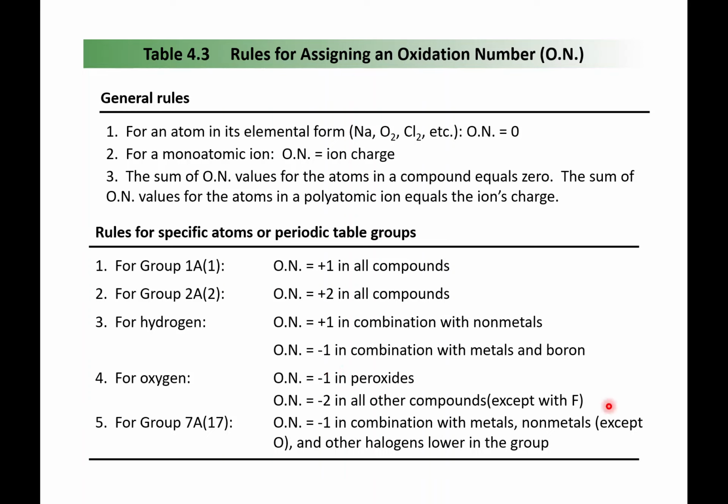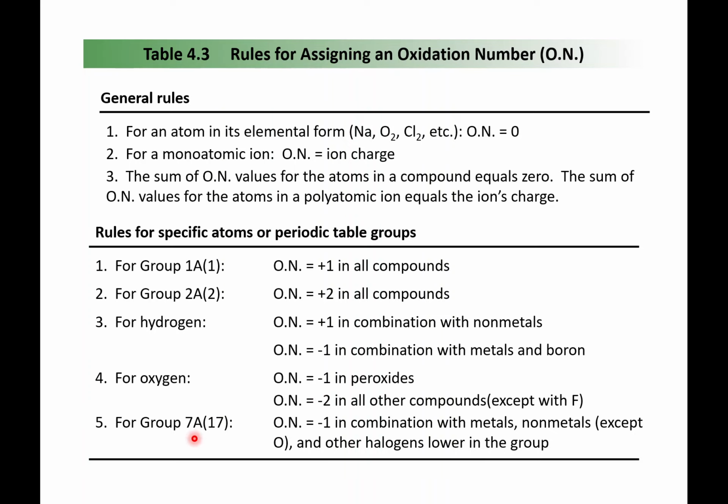And when it's bonded to fluorine, then it won't have a -2. But I don't know if we'll ever really see that in this class. You might see a peroxide or two in the problem set, maybe, I don't remember exactly. But I won't put a peroxide on the exam. On the exam, you can really just think oxygen is going to be -2 when it's in a compound.